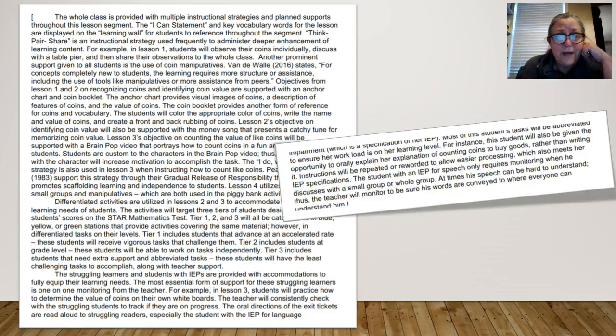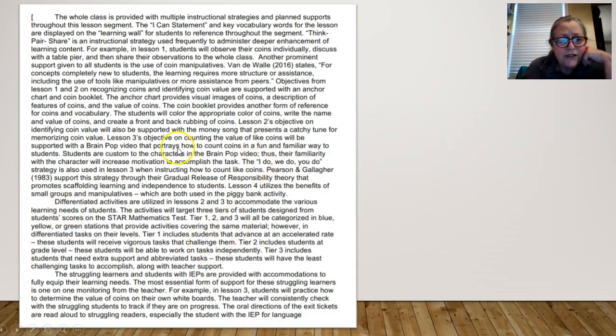You can see that it's a lot. And so the whole class is provided with, and she goes on to a lot of things that she's done. It's really, really good. If you want to pause this and read it, I think that's a really good idea. And then she talks about the differentiated strategies that she's done for lessons 2 and 3.